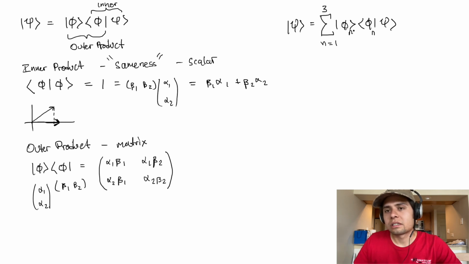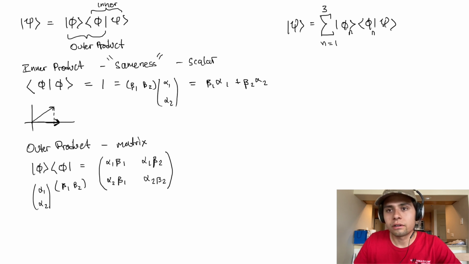So how can we make sense of an object like this now? What we're basically saying is that we're writing a vector in terms of another vector. And this other vector is an interesting one because here we have an inner product.